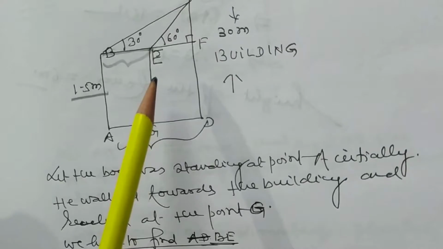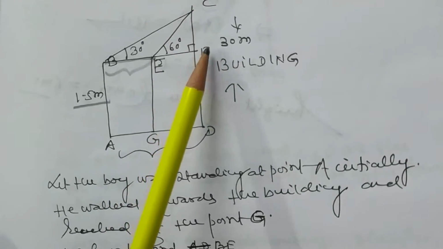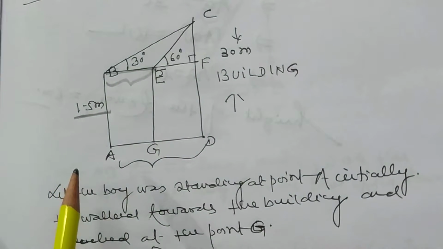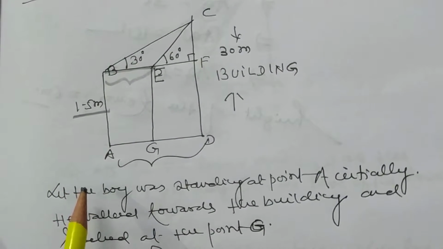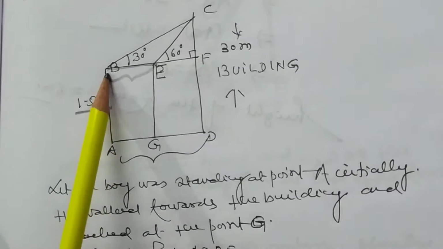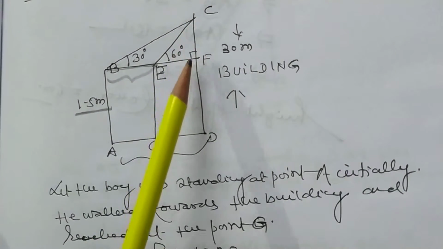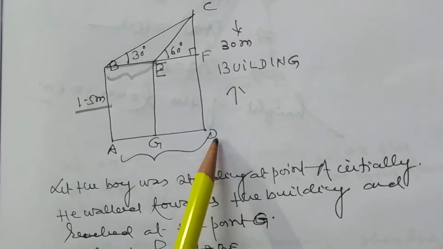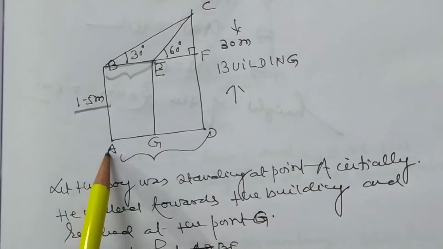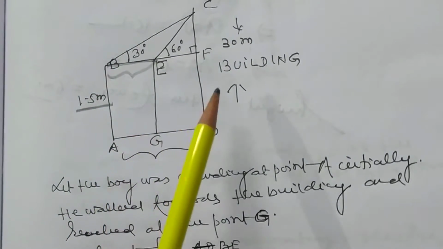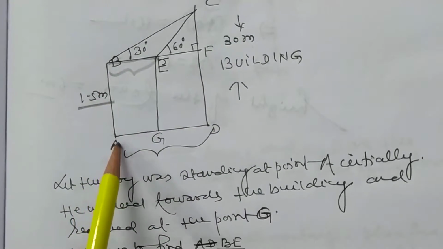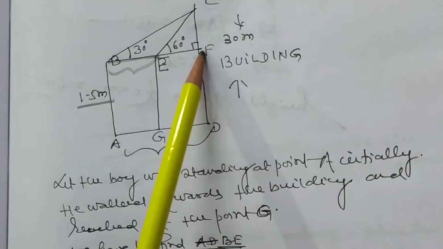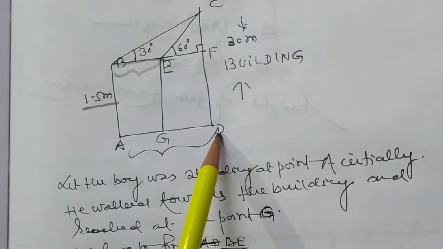What do we have to find? We have to find BE. So it is simple, BE is equal to BF minus EF. And how will you find BF? CF is given. How is CF given? Because it is given that the height of the building is 30 meter and the height of the boy AB is 1.5 meter, and ADFB is a rectangle, so FD is also 1.5 meter.